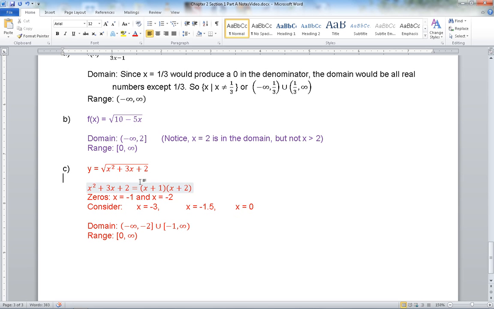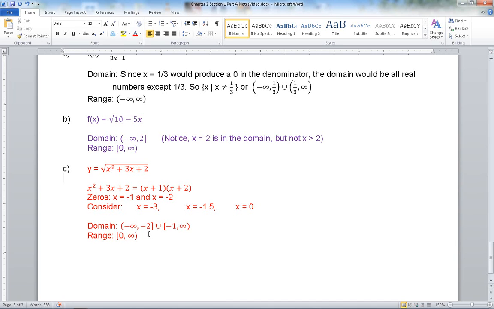Or plug 0 into this equation. 0 plus 0 plus 2. So we're taking the square root of 2 in that case. So really, anytime I get a positive result for this polynomial or binomial, that's okay.